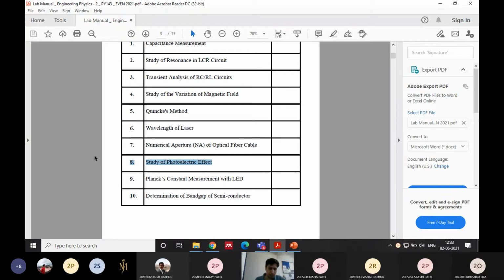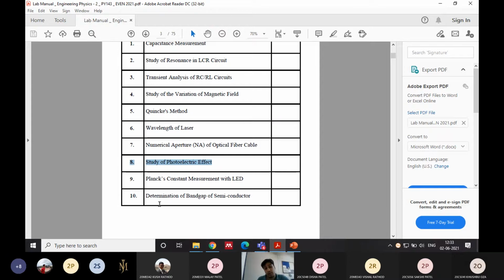So practicals 8, 9, 10 are similar to one another in one way or another. The concepts are almost the same, but some aspects and parameters are different. Basically we will study something related to modern physics.